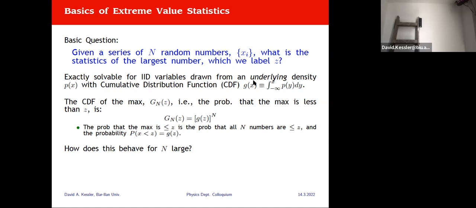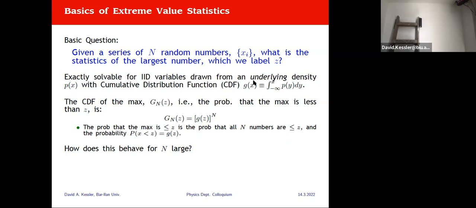Small g is the CDF of the underlying distribution, and capital G, with a subscript n because it depends on how many numbers we looked at, is the CDF of the maximum.